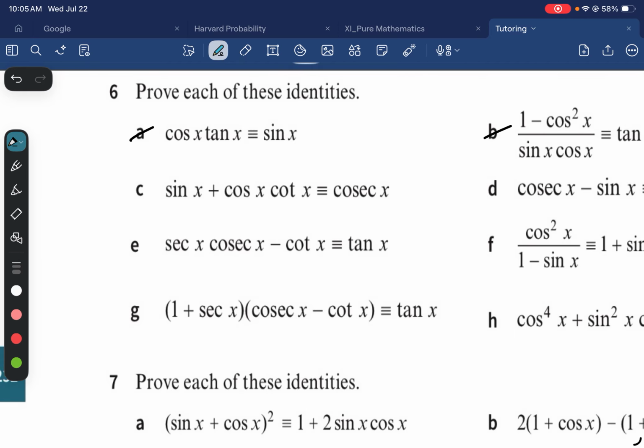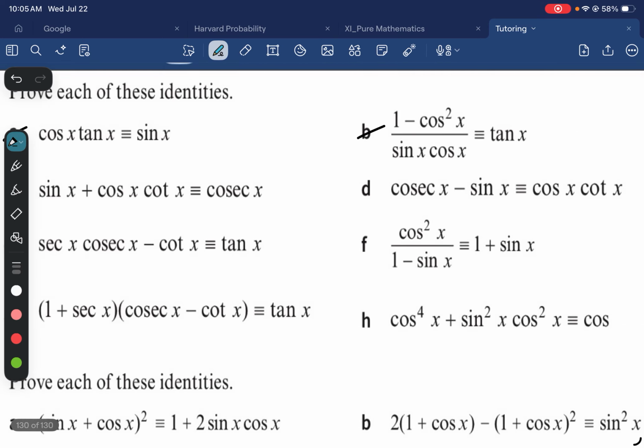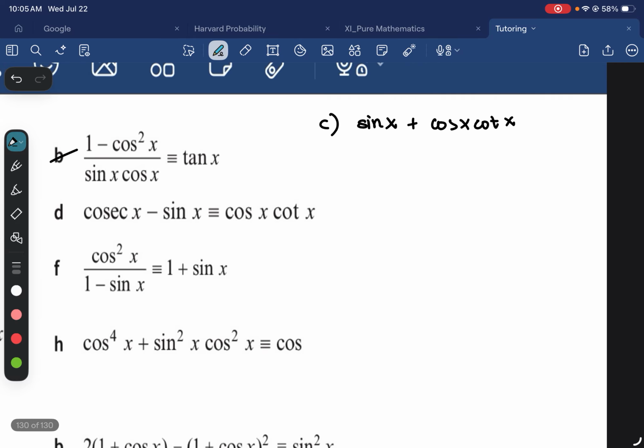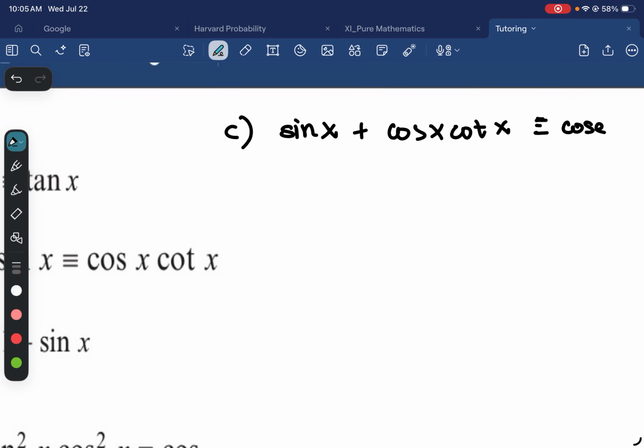All right. Question 3. Sin x plus cos x cot x is equal to cosecant x. All right, so a bit more difficult. So I have sin x plus cos x cot x, and I need to show that this is equal to cosecant x.